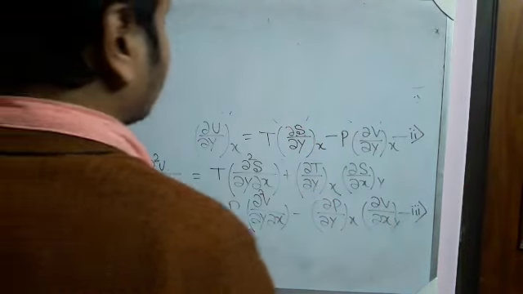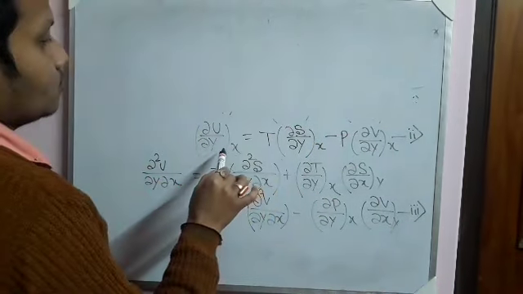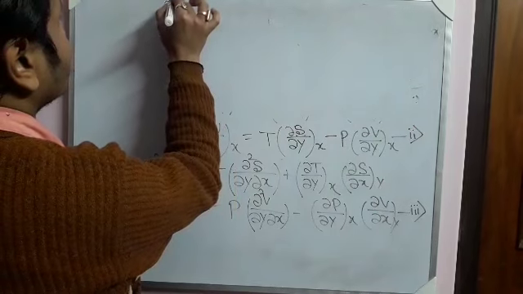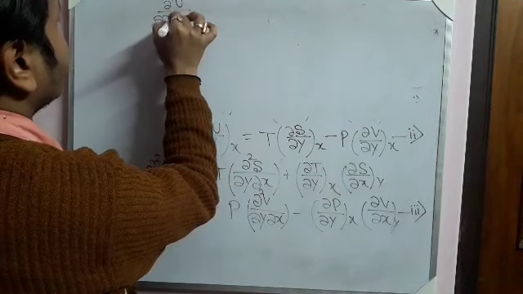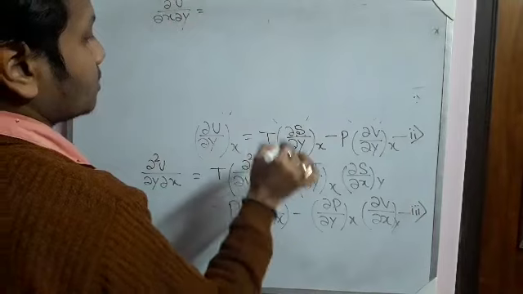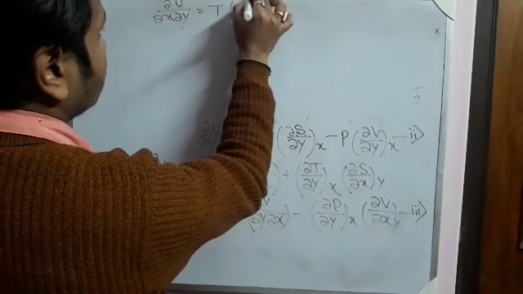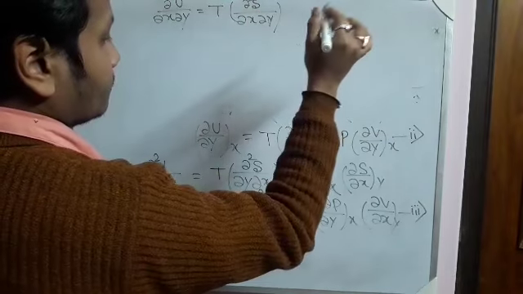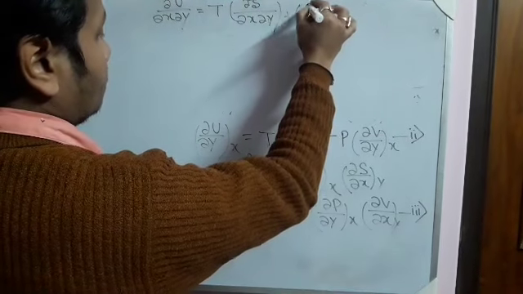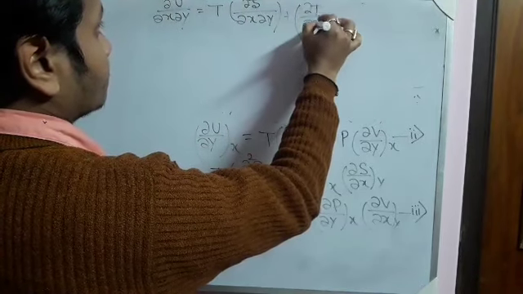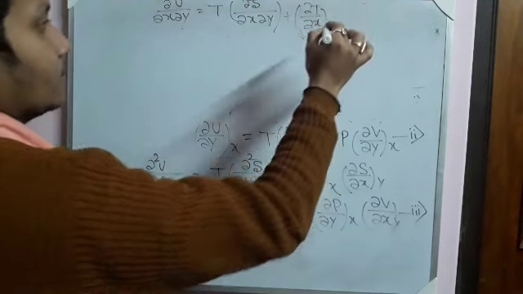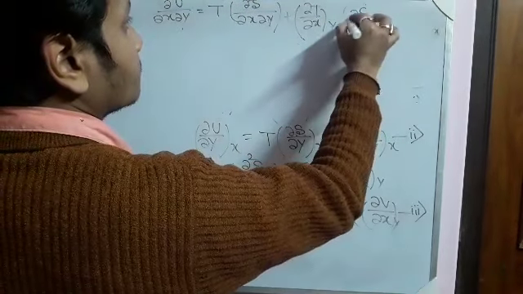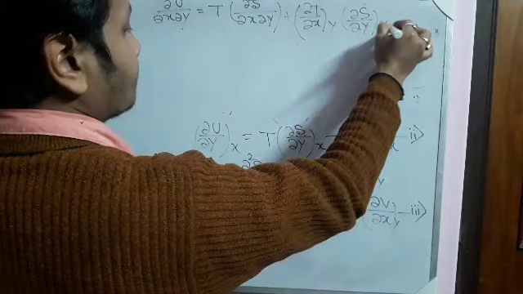So if I differentiate this expression with respect to x partially, then del 2u del x del y will be T into del 2s del x del y plus del t del x y del s del y x.